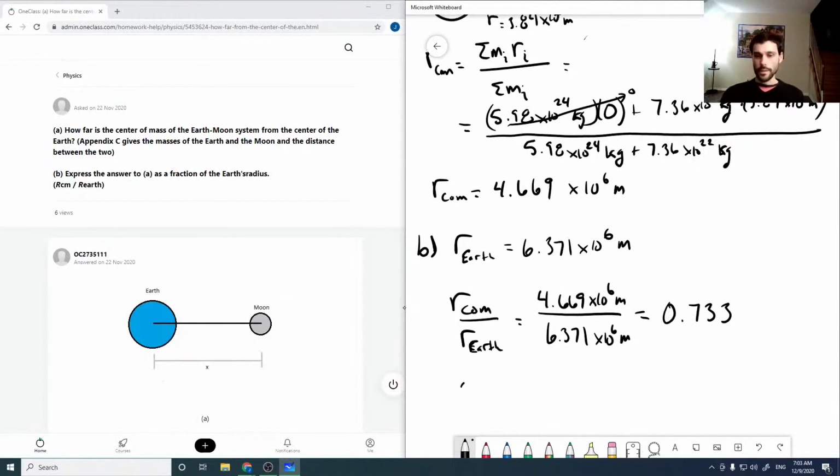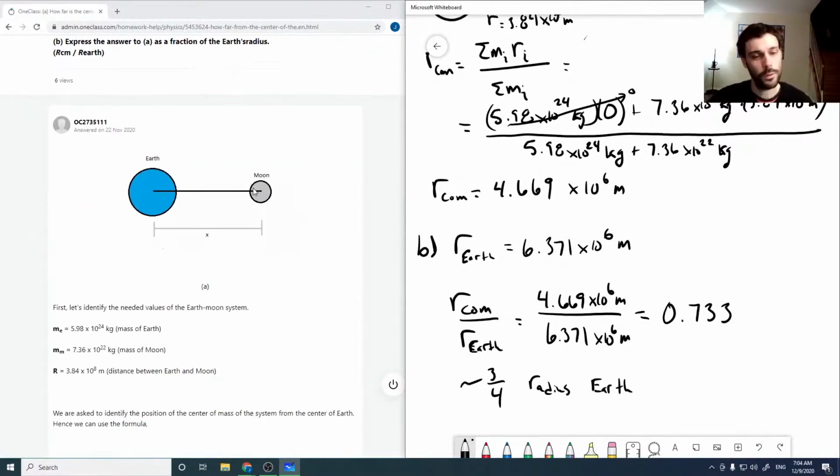So the center of mass is about 3/4 the radius of the Earth, or the center of mass of the Moon-Earth system is actually inside the Earth, because the Earth is so much more massive than the Moon.